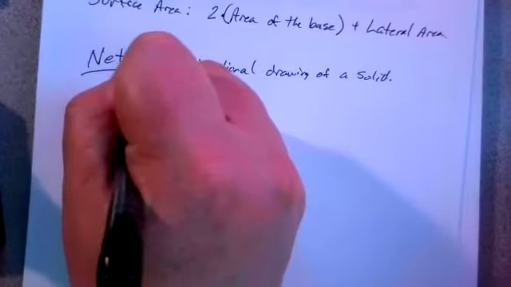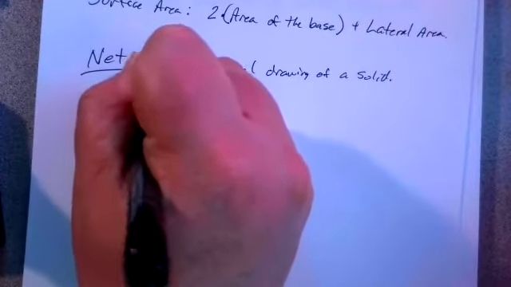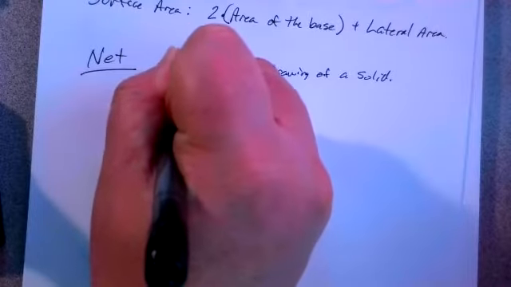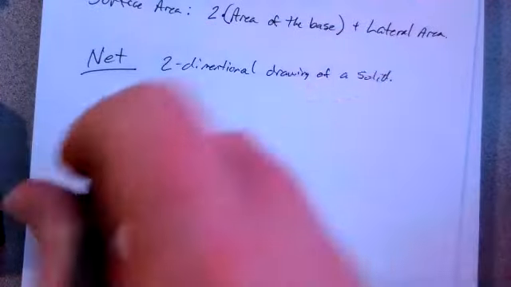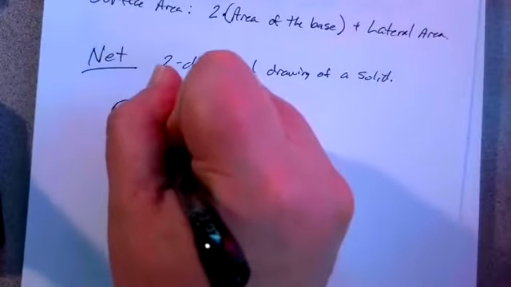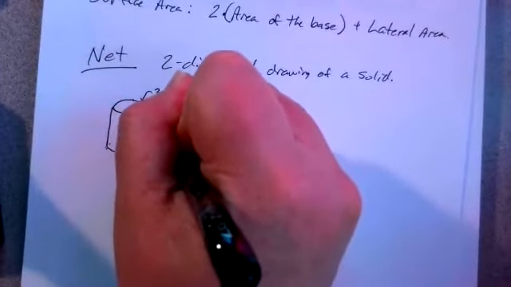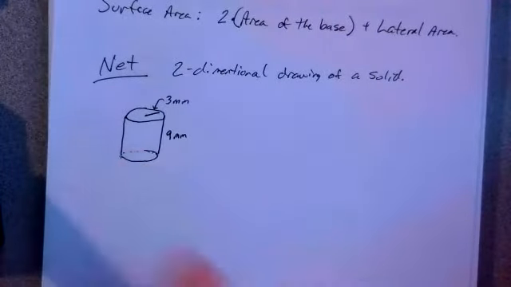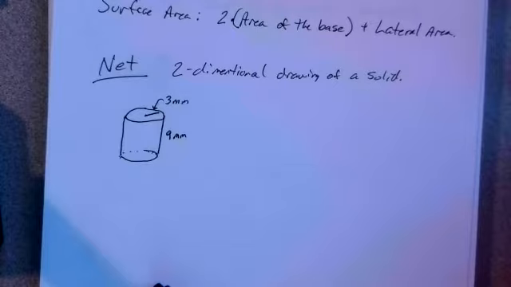Let's say this has a radius of 3 millimeters. We're really doing a great job of making this up. And let's say the height is 9 millimeters. Okay, cool. All right, so if I'm going to draw a net for a cylinder, let's take a look at what happens.